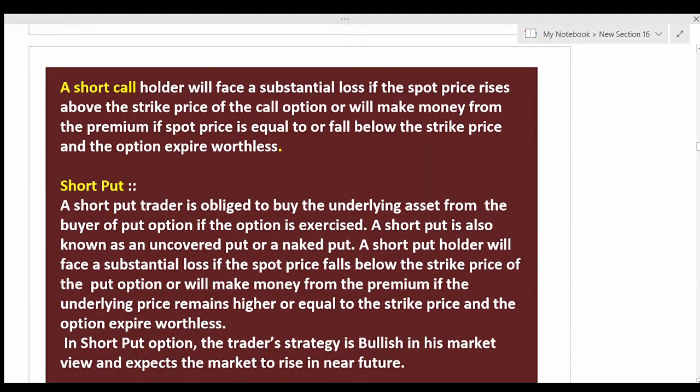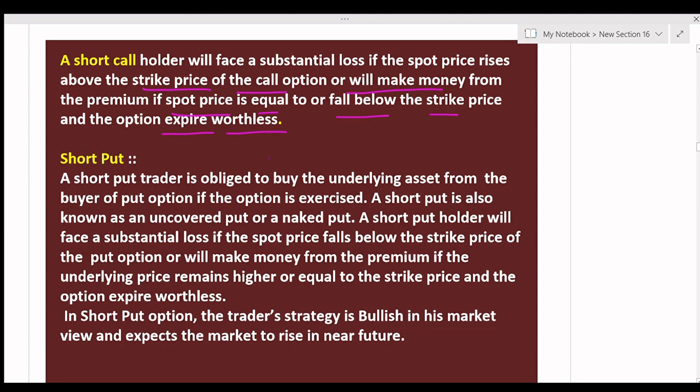Short call holder will face a substantial loss if the spot price rises above the strike price of the call option, or will make money from the premium if the spot price is equal or falls below the strike price and the option expires worthless.